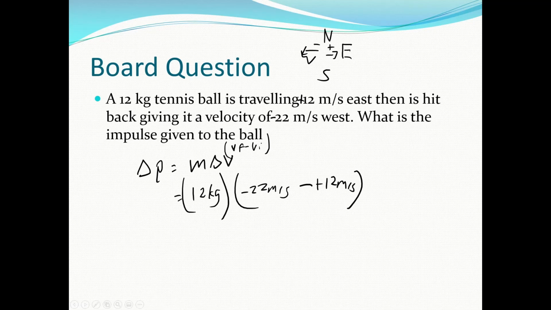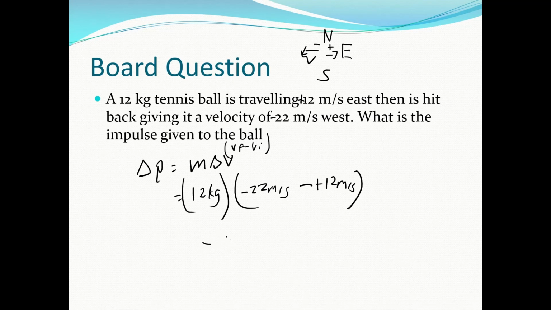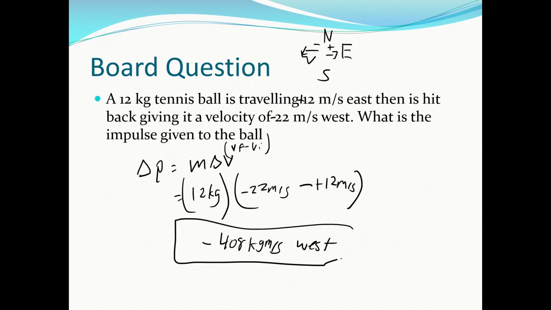So I plug that into the calculator. Negative 22 minus 12 times 12. And I get negative 408 kilograms meters per second. And that negative must mean that it's going to the west, because I said negatives are west. Okay, that's how you do that question.